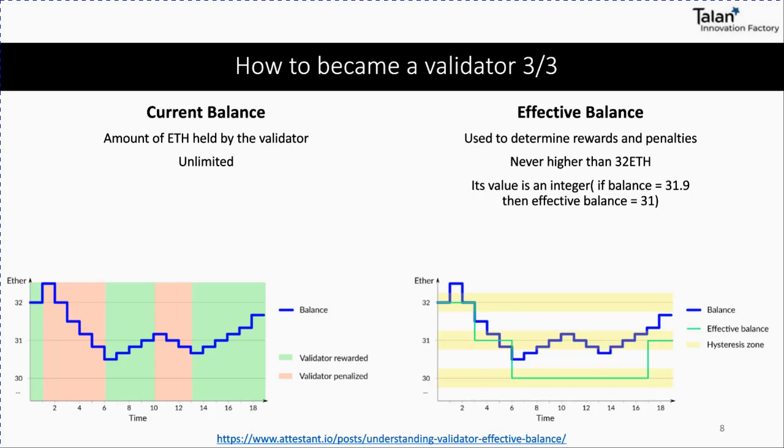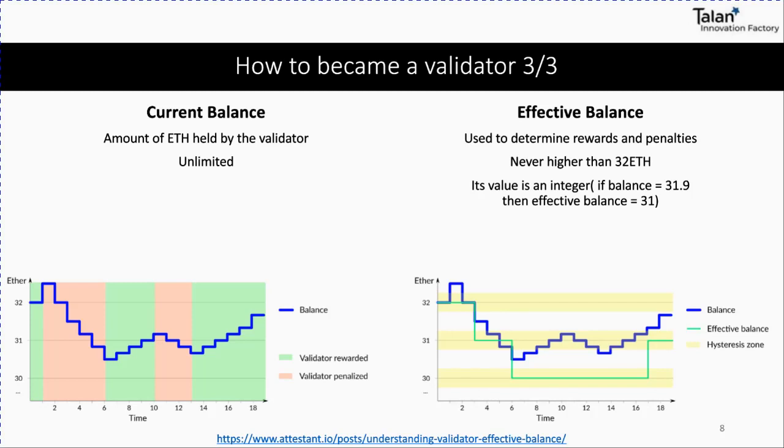However, the effective balance is the balance used to determine the rewards and penalties, which never exceeds 32 Ether, and its value is an integer. I'm going to try to explain through these two diagrams. Let's say you staked 32 Ether in order to activate a validator and start validating. First you made some gains, which is okay. Then for some reason you started to get penalties and losing money.